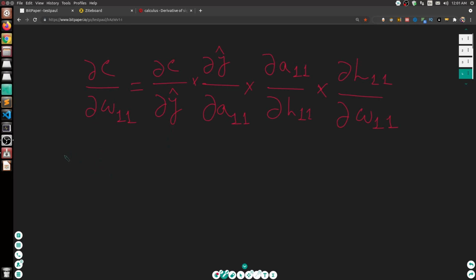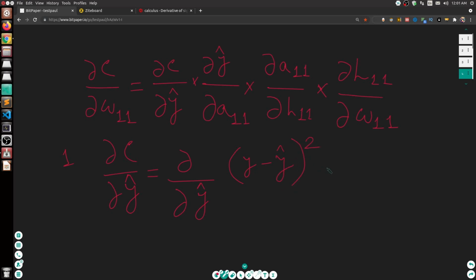The first one, that is number 1, is del C by del y hat equal to... we need to calculate the loss. The loss in this case, we know the value of C. And by replacing the value of C, we get y minus y hat whole square.